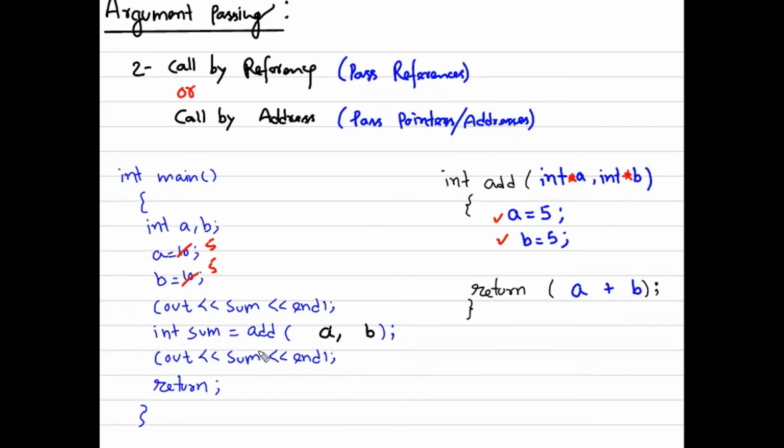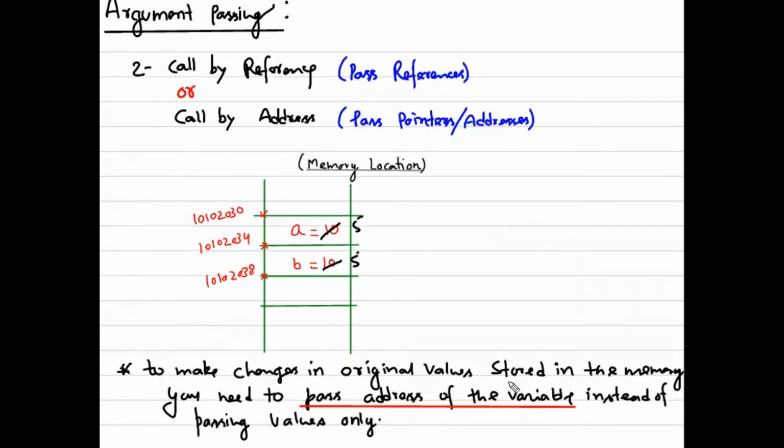If you pass values, because a and b are values, it will not store them. It is saying that a can store an integer type pointer, which means a can store the address of an integer, and b the same. So we need to pass the address of a and the address of b. To make changes in the original values stored in the memory, you need to pass the address of the variables.